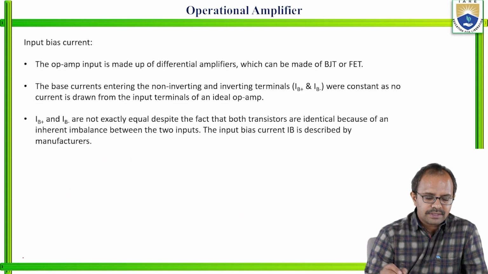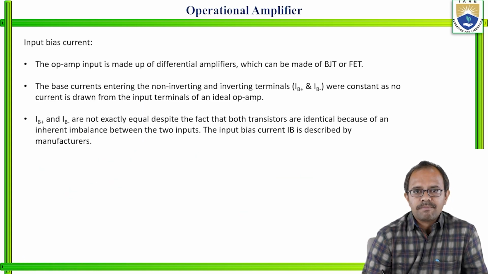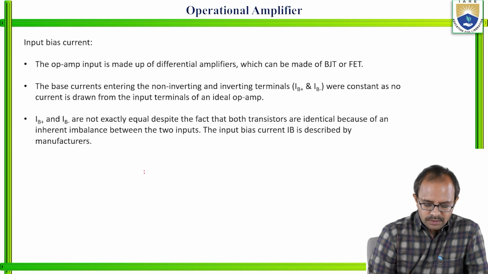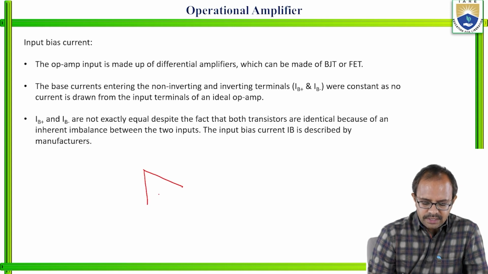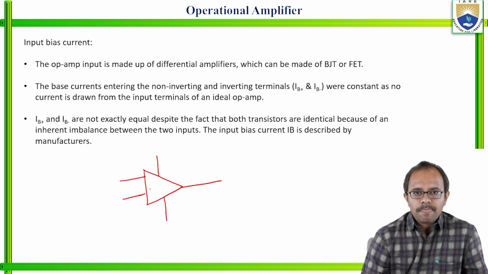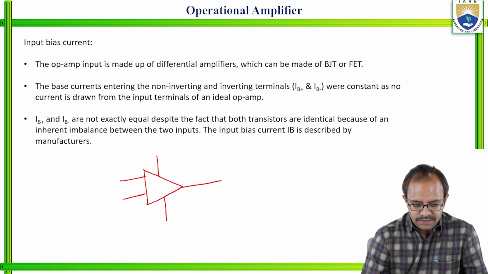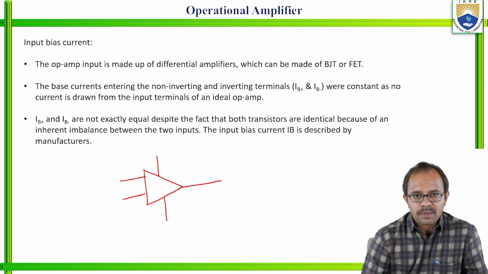First, we will start with the bias currents. See, we know about the op amp. We have seen the symbol for operational amplifier, right? So what it has fundamentally, of course, it is a 7-pin IC, of which these 5 are very, very important.